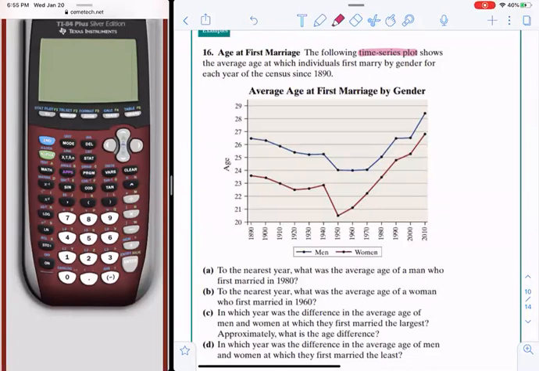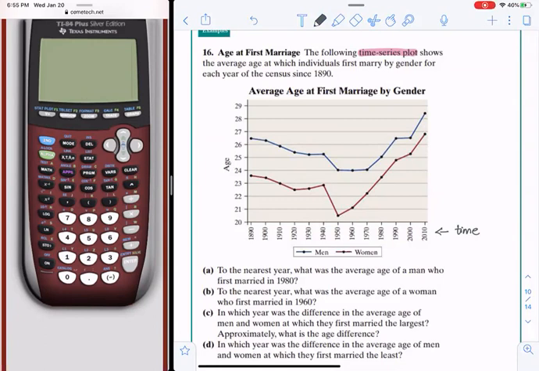This is simply a line graph, but why do we call it a time series graph? If you look at the x-axis, the x-axis is time. So in this case, it's the number of years starting at 1890 all the way up to 2020.